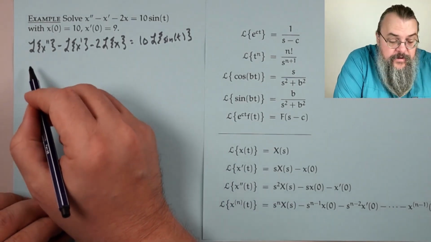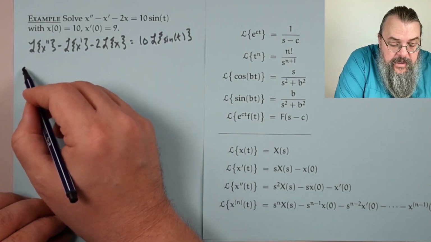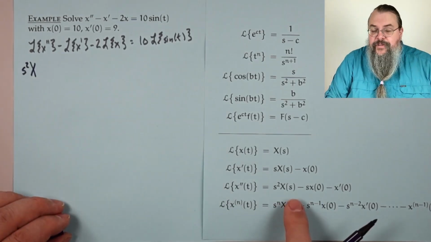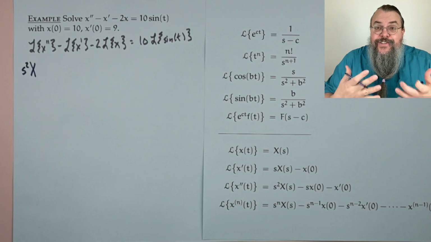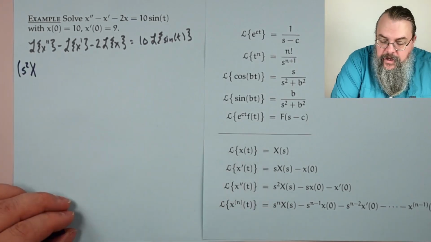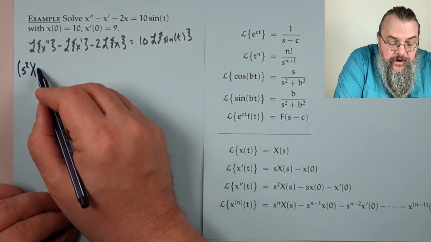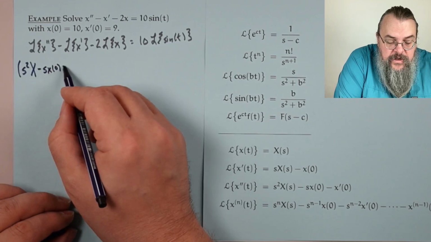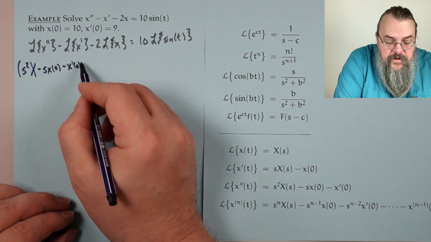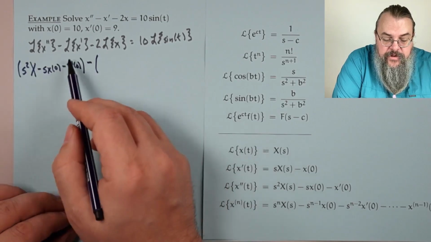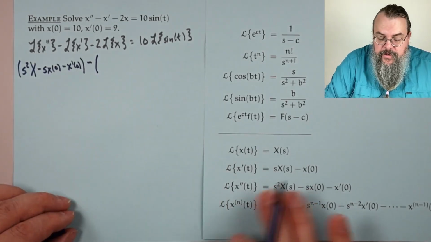So x double prime, that's going to become s squared, I'll write capital X. We often suppress the of s. It's understood. And I'm going to put some parentheses here because I know that parentheses are our friends. And so that is our first term, minus Laplace transform of x prime. Okay, so I'm coming here.